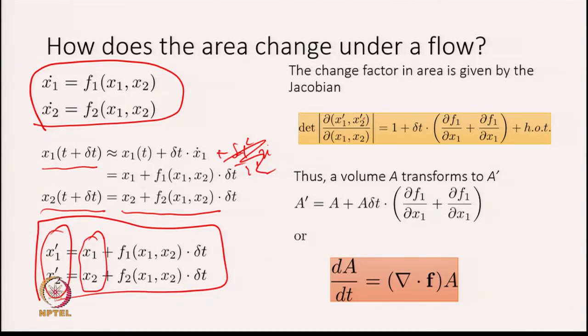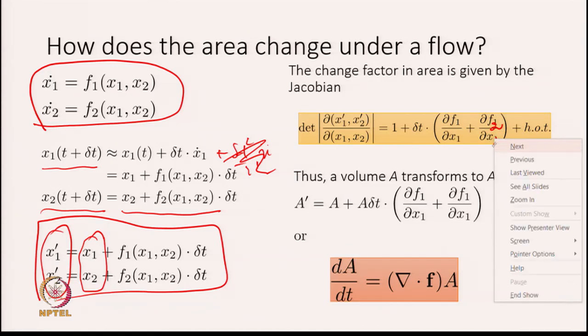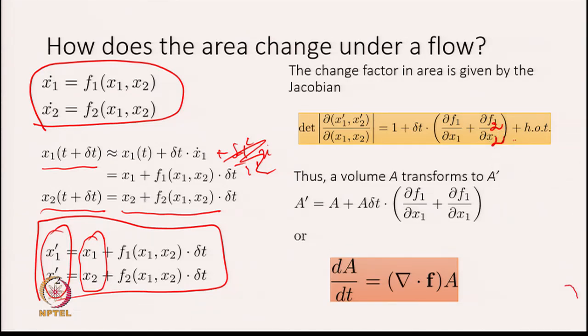So, the new variables in terms of the old variables, taking that Jacobian gives me a factor of 1 plus delta t times partial of f1 with respect to x1 plus partial of f2 with respect to x2. I'm sorry about the mistake over there, but I will correct that subsequently. Plus, of course, higher order terms, which I am going to ignore because I am doing it to leading order.